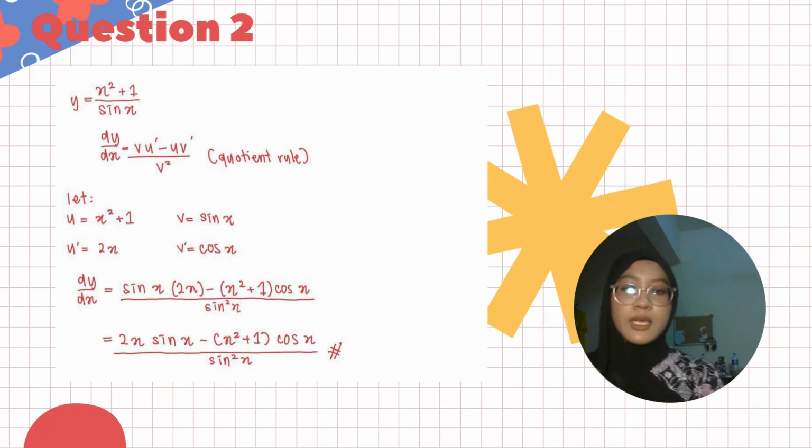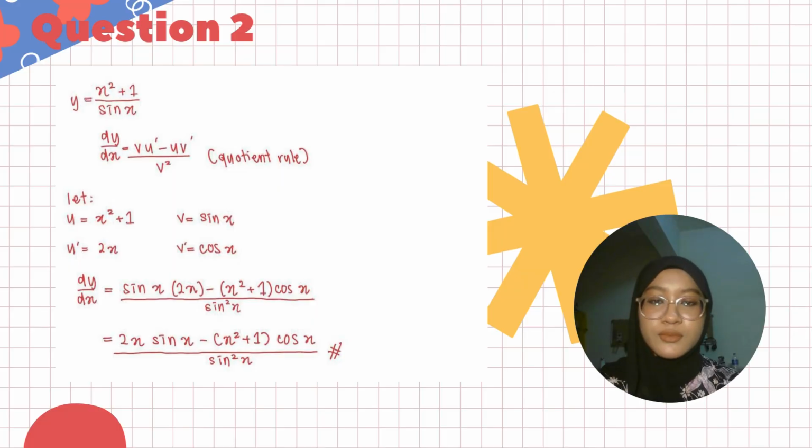And we're going to finalize the answer, which will be 2x sine x minus (x squared plus 1) cos x over sine squared x. Since this function is a fraction, we apply the quotient rule and simplify to get the derivative.